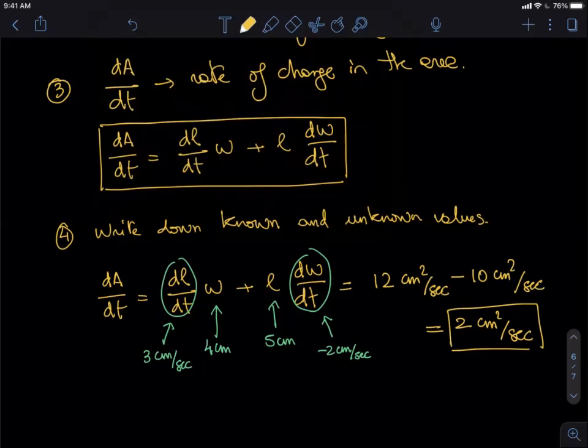So this is saying that at that particular time, when the width is 4 and the length is 5, the tendency is to keep growing. Okay, it will be increasing the area of the rectangle, because we could be interested in knowing if it will collapse or not, for example.